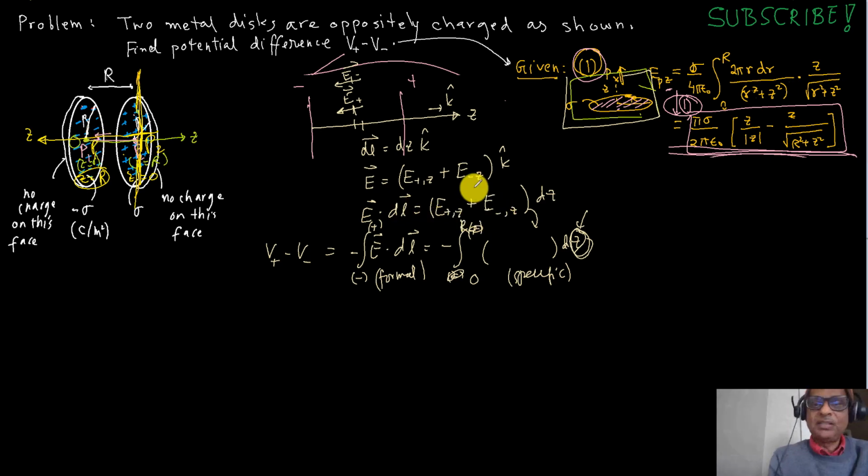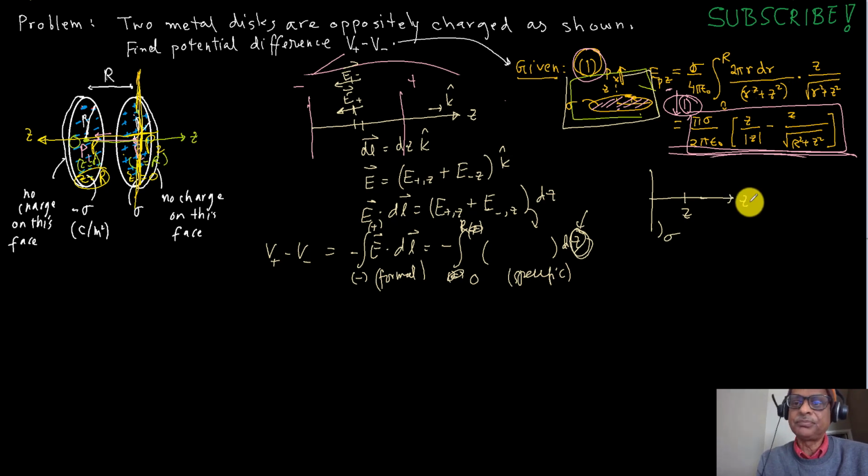Okay, so I need to read off these terms. E minus is easy to read because it has the same structure as before. The z is over here, and this is the sigma, and the z axis is that way. So we have E minus of z. This quantity is easy to read.